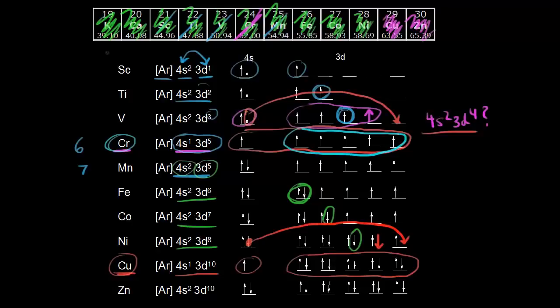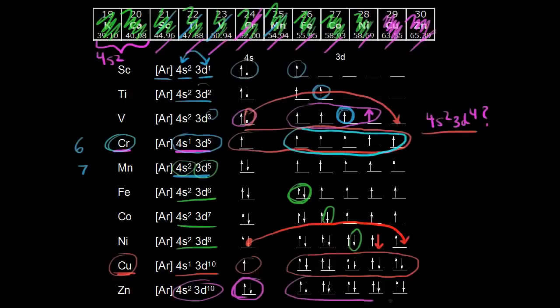And so you could think about this being 4s2 right here, and then we have 3d10: 1, 2, 3, 4, 5, 6, 7, 8, 9, 10. So 4s2 3d10, or 3d10 4s2, with argon in front of it gives you the complete electron configuration. And you can see you've now filled your 4s orbital and your 3d orbitals like that. So once again, pretty complicated topic, and hopefully this just gives you an idea about what's going on.